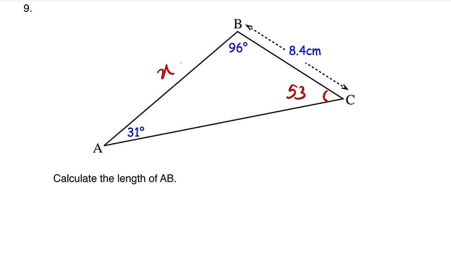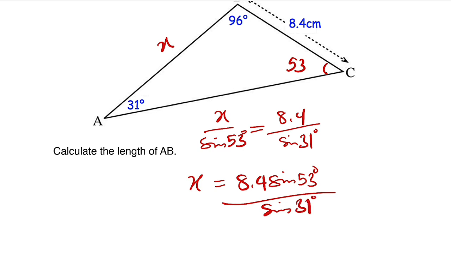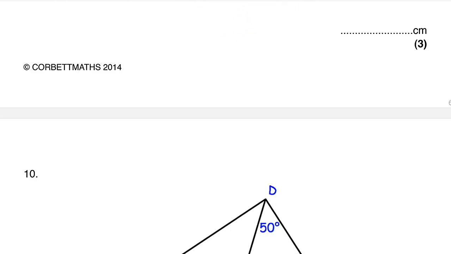So to find the missing side, which is x, you take x divided by sine of 53 degrees equal to 8.4 divided by sine of 31 degrees. You make x the subject: 8.4 times sine of 53 degrees divided by sine of 31 degrees. Use your calculator, simplify this.